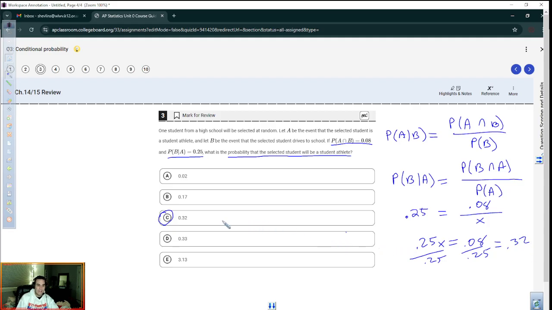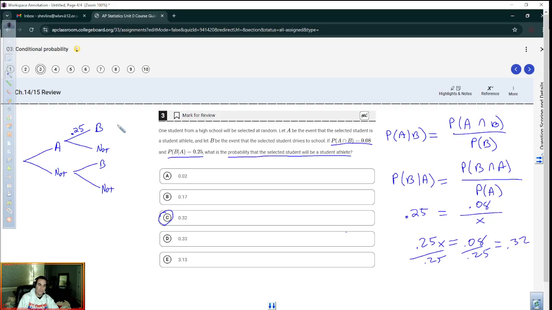Is there another way to do it? Yes, you could draw a tree. I'll show you over here. The tree could be you're a student athlete or not. And then the second level would be you drive to school or you don't. So what did they tell you in this problem? They told you the chance that you drive to school, given you're a student athlete, is 0.25. So they gave you this probability. The chance you're a student athlete and you drive to school is 0.08.